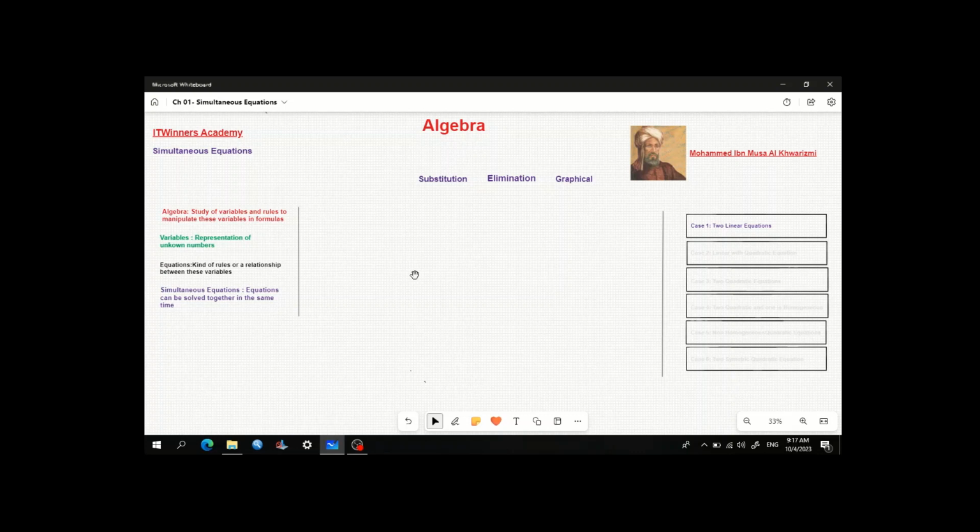Now let's start with the second case here, a linear equation with a quadratic equation.